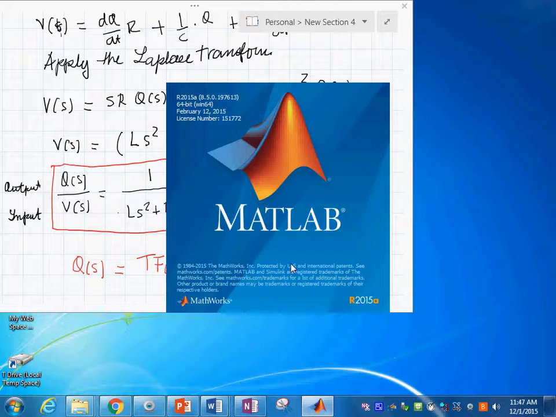The idea here, as you can see ahead of time, is that I'm going to give it the numerator description and the denominator description. After that, I should have the transfer function like this. And then, of course, I want to do a step input.